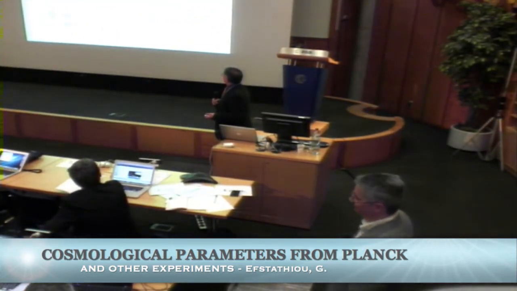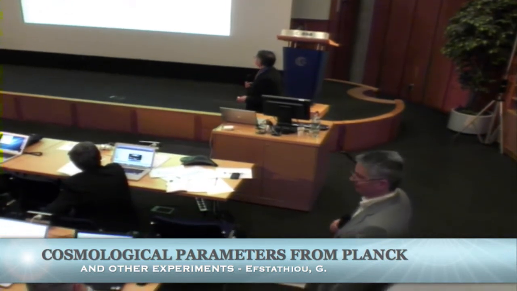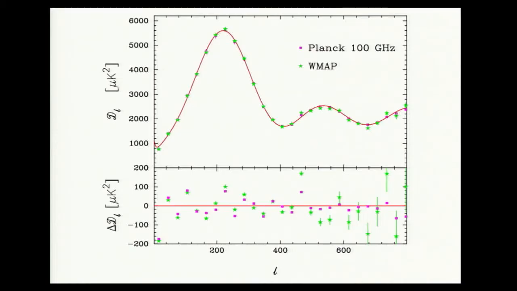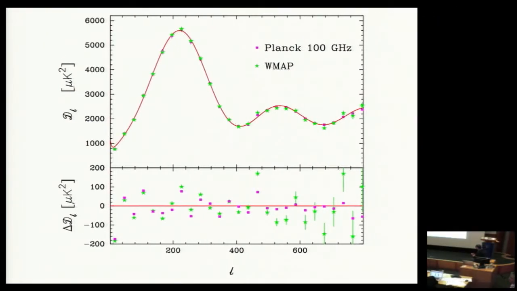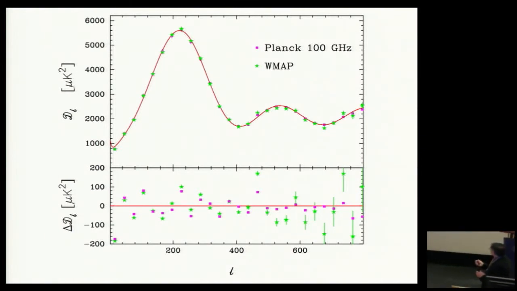I'll show you. That is the comparison between WMAP and Planck. However you want to interpret it, if you introduce a multiplicative factor, then the points sit on top of each other. And this shows the residuals.